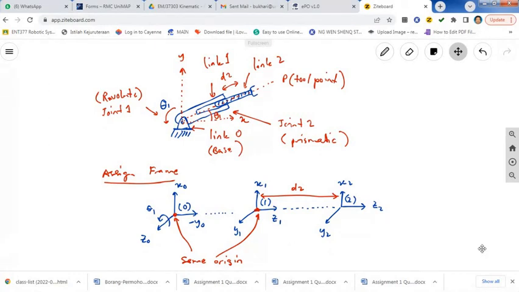When we assign a frame for this type of robot, the frames are like this. So this is frame 0, frame 1, frame 2.